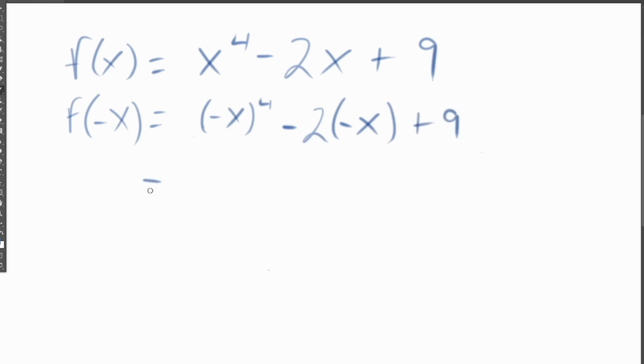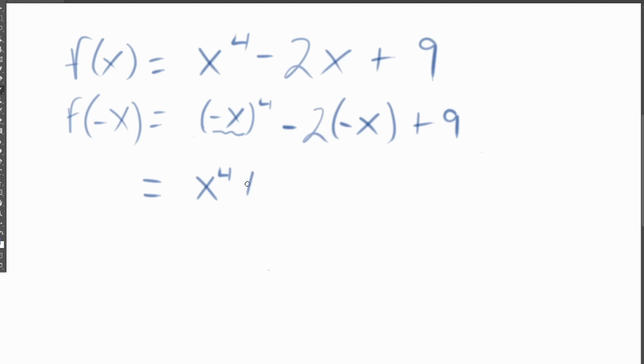So if we simplify this, negative x to the 4th just means that we're multiplying negative x times itself 4 times. So that means we're going to get a positive x to the 4th. And then the second term will flip to positive since we'll be subtracting a negative.